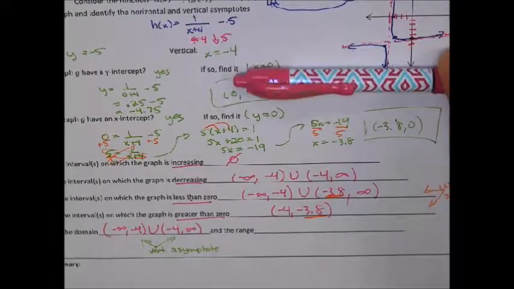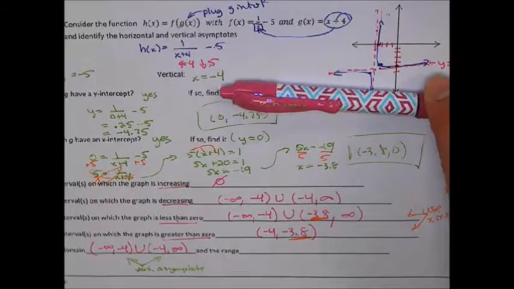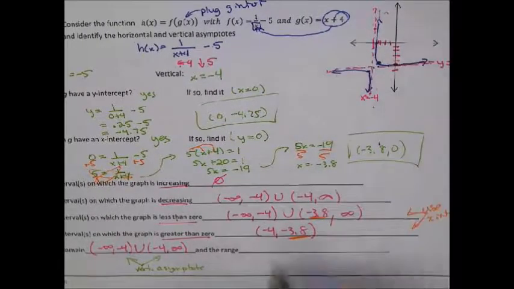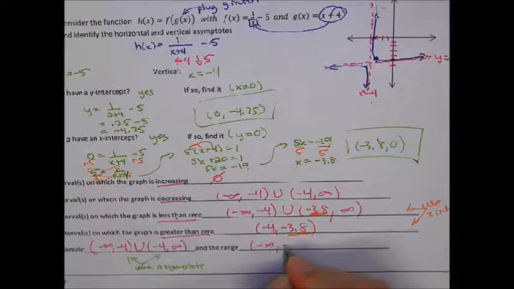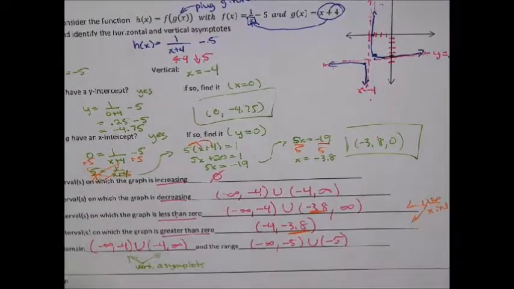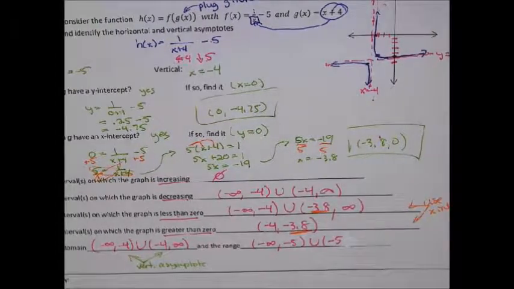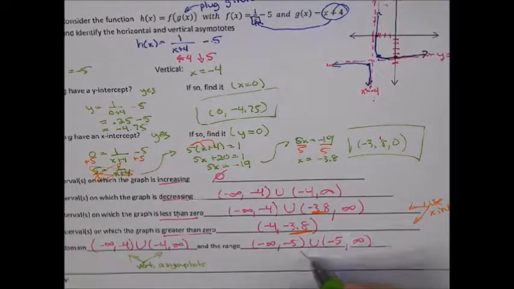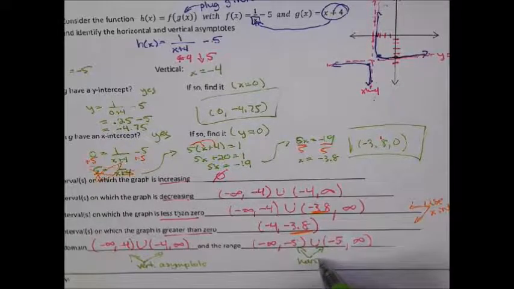Range. We're going from negative infinity, and we take a pause at the horizontal asymptote of negative 5. Pick back up at the horizontal asymptote, and I go to infinity. Notice the horizontal asymptote.